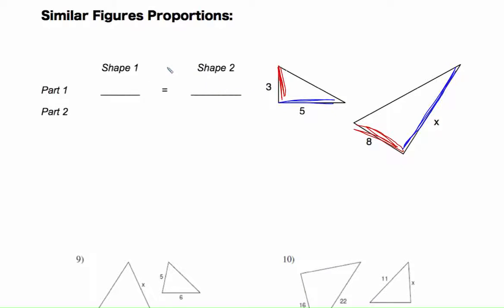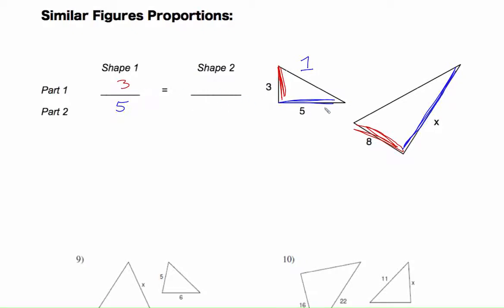So now let's set up our ratios. So shape 1, I'll call this shape 1, is going to have a 3 over 5. The first part, the second part. It doesn't matter which part comes first, as long as you do it the same on both shapes. So I got the first part here.